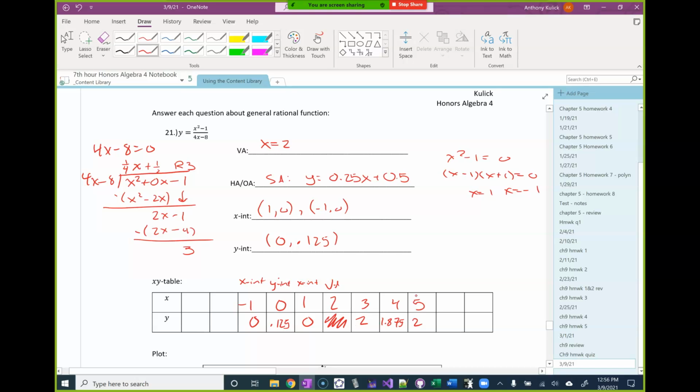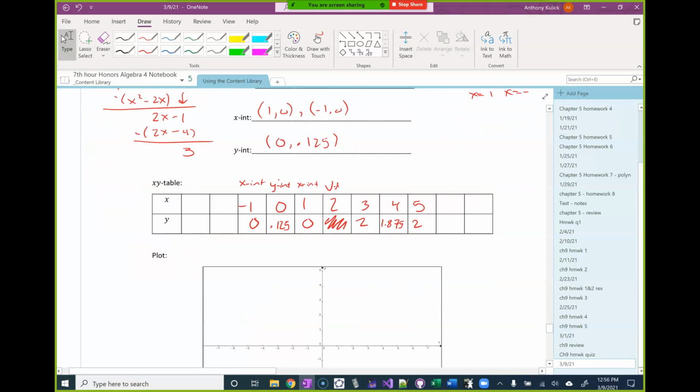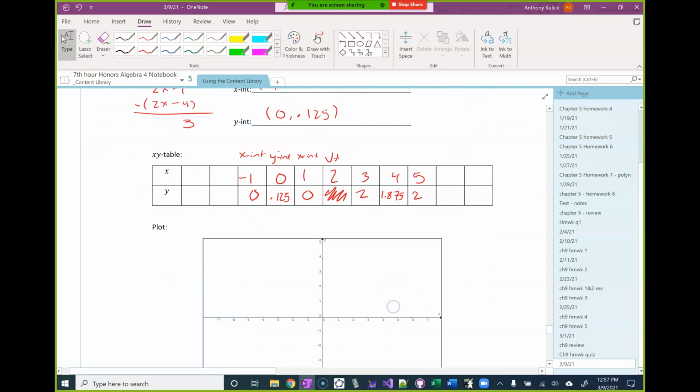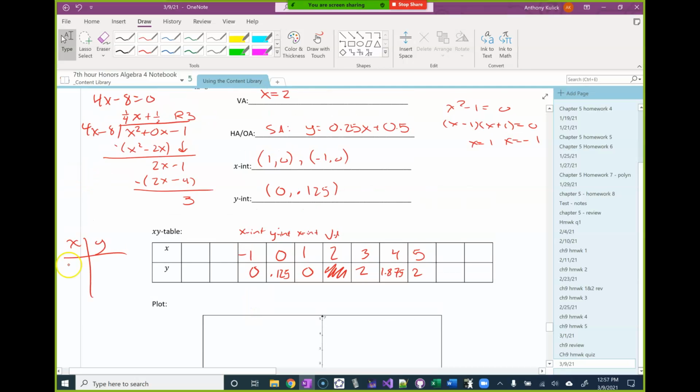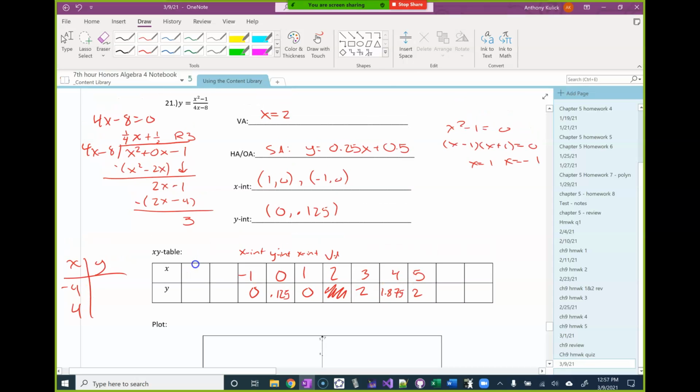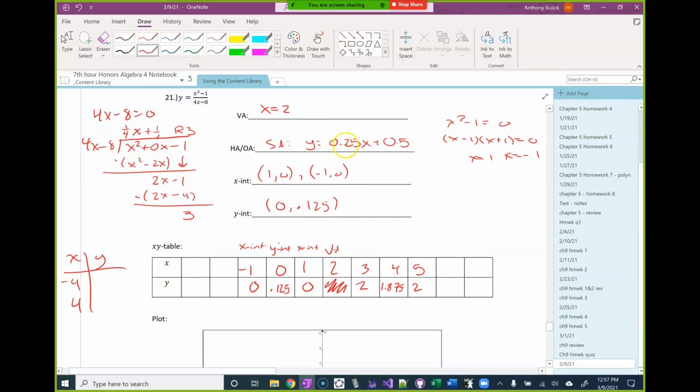And then I need another XY table for my other fellow here. I'm going to use -4 and +4. So if I did -4, that's going to give me -1 plus 1/2, which is -1/2. If I did +4, that's going to give me +1 plus 1/2, so 1.5.